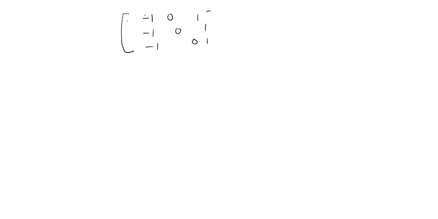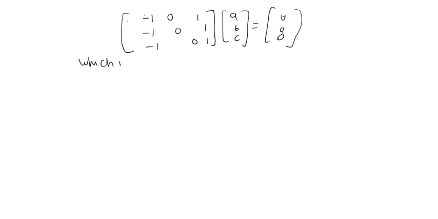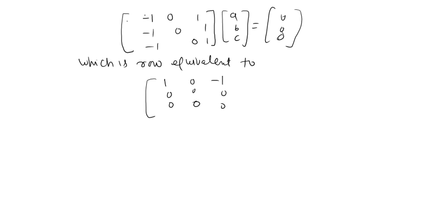So A minus I, assume v1 as a b c equal to 0 0 0. Just solve this system or write row equivalent, just make 0, so 1 0 minus 1, 0 0 0, 0 0 0, and this is the right hand side.